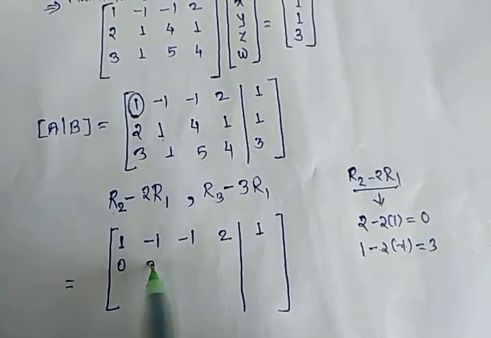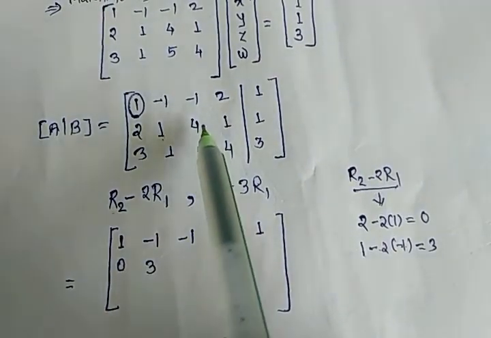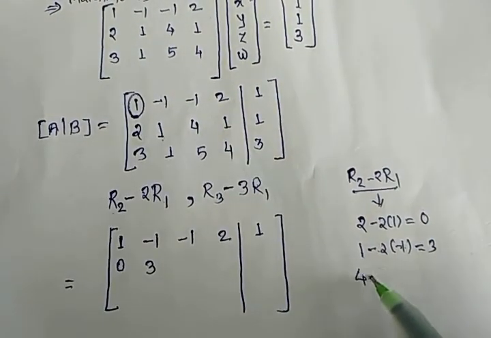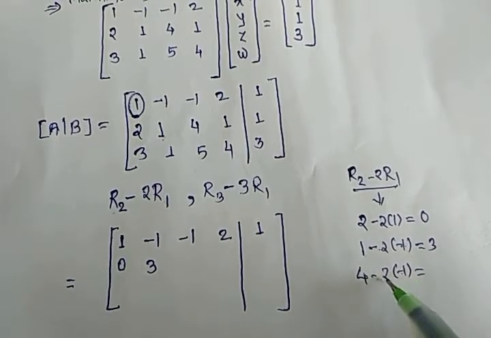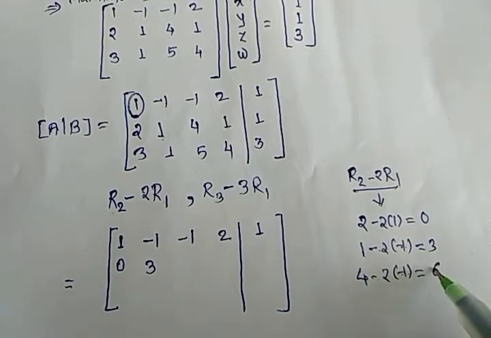Similarly 4 minus 2 into -1 is 4 plus 2, which is 6.